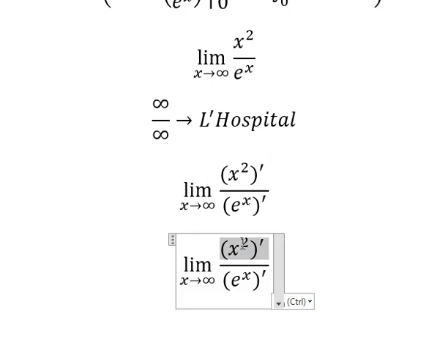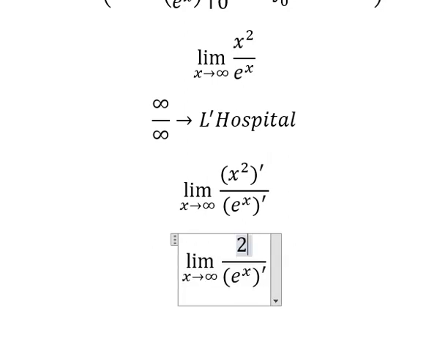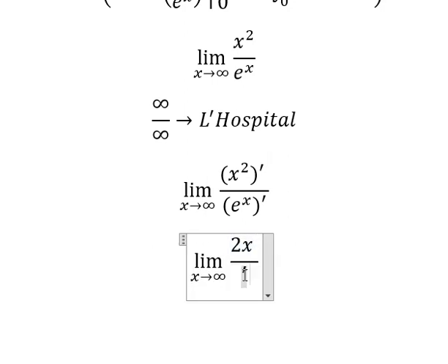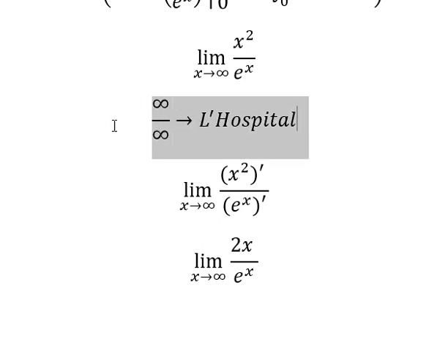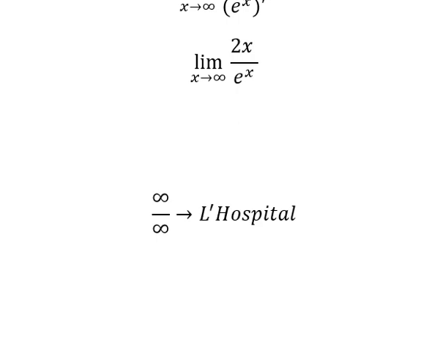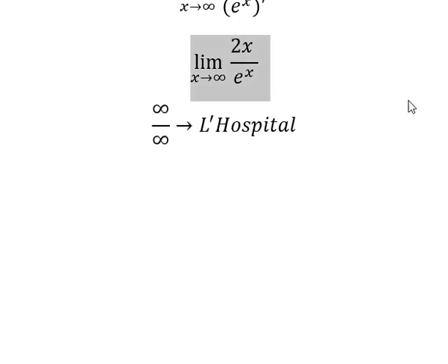And this one we have 2s. This one we have e to the power of s. Later we see that this one is still positive infinity over positive infinity. So we can use L'Hospital in here.